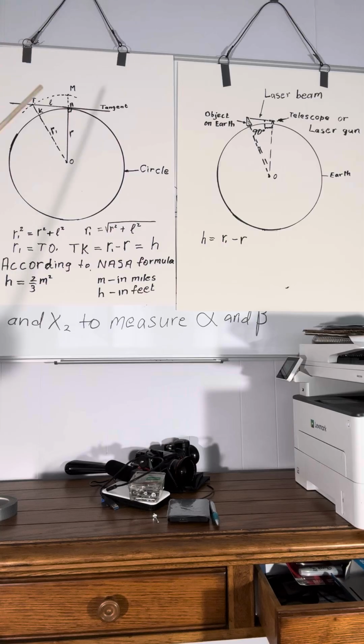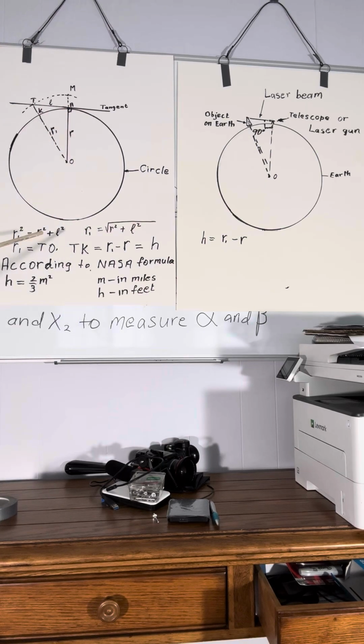The theorem is, if a tangent, if you move from the common point of the tangent, any point on the tangent will be further from the center of the circle than the common point. That means R1 is longer than R, which is the radius from the common point to the center of the circle.